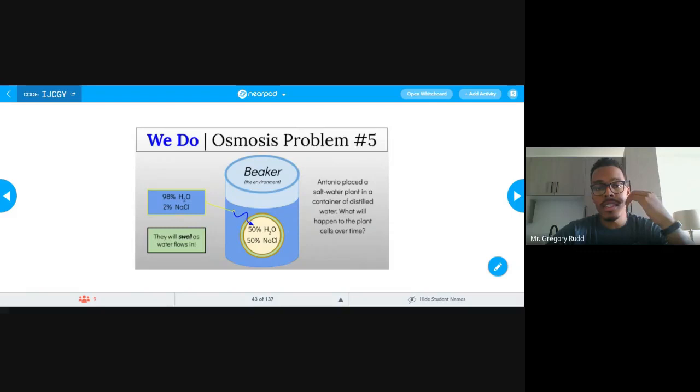Just like Rudy and Sade said, this can cause the cell to swell up, to get bigger. And if it goes on for too long without the cell being able to pump some of the water out, the cell will eventually burst and explode, okay? So the point here is to remember what osmosis means. Osmosis is the movement of water from areas in which it is in a high concentration, in this case, 98%, to areas where it is in a lower concentration.